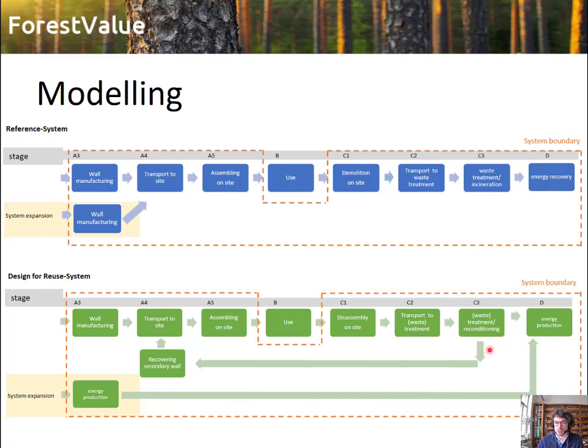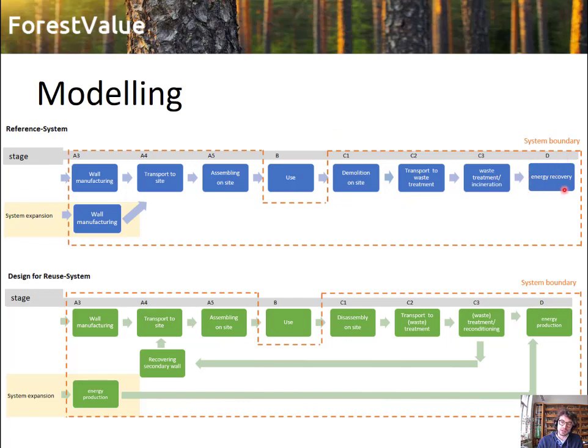the design for reuse system, we will have the wall that is not going into incineration, but it will get a second life. Which means in this system, we will have the function of 2 walls provided, while in the reference system, there's only 1 wall that provides the service and the function of 1 wall element.